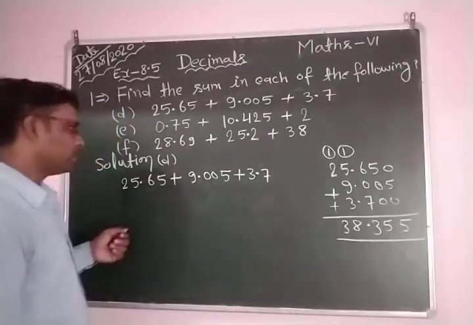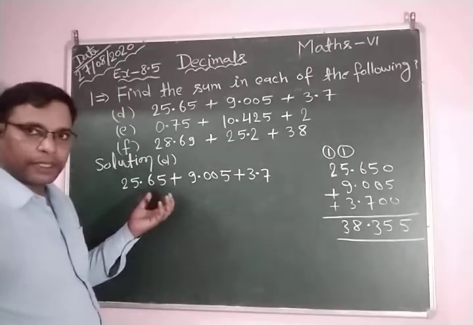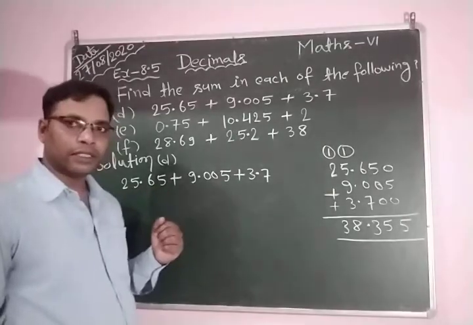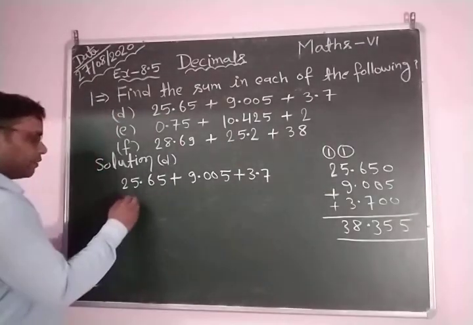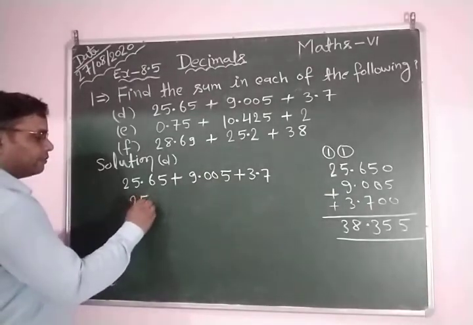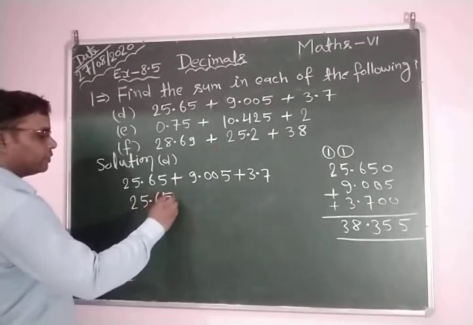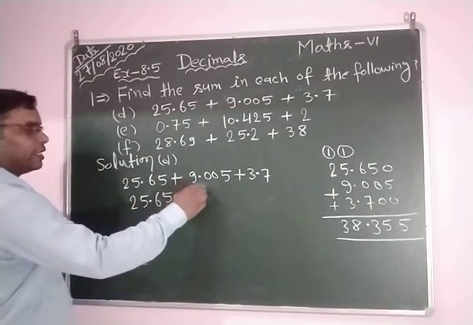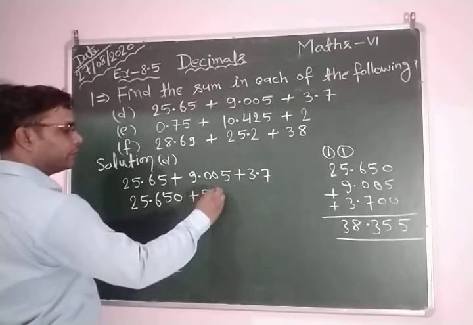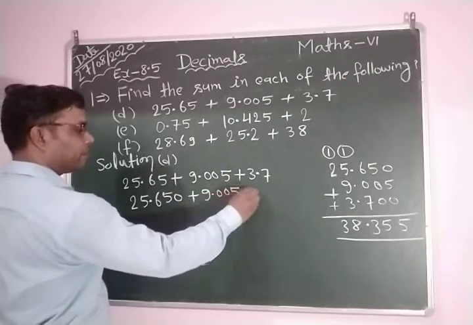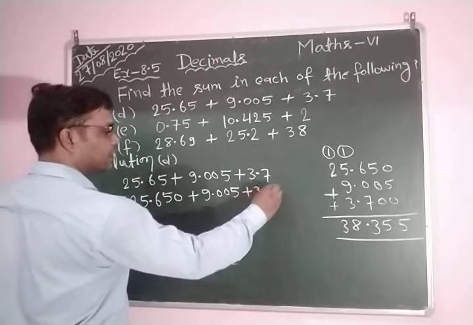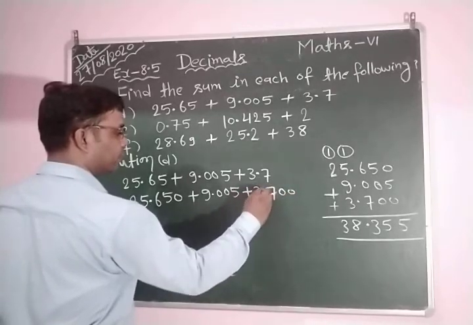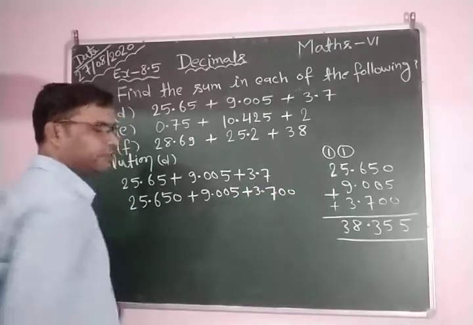Okay, so first we make them like decimals. So for this we write 25.650 plus 9.005 plus 3.700, because here you can see 3 digits after the decimal point.